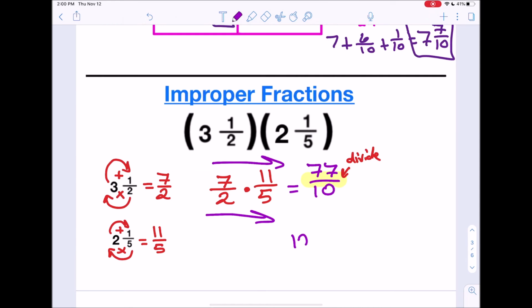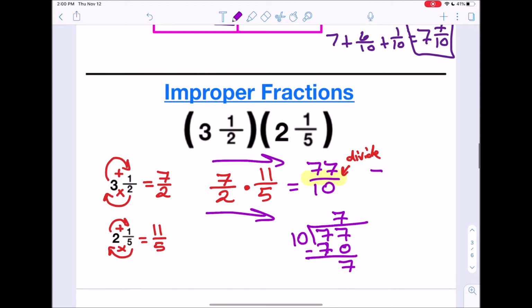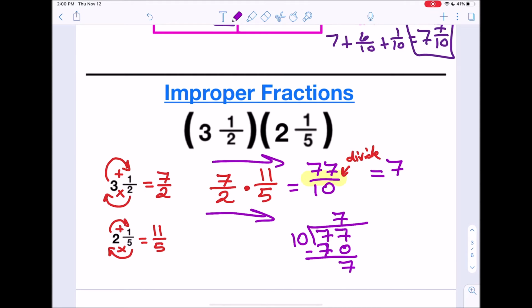So I'm going to see how many times does 10 go into 77. 10 goes into 7 times, and that's 70. We subtract and we get 7 as a remainder. So this is going to equal 7 and 7 over 10 because we got 7 as a remainder, so you stick it over the denominator. And there you go, matching numbers.